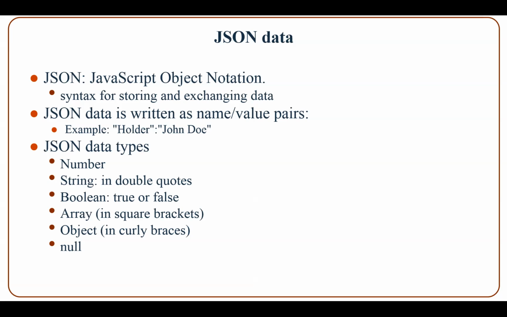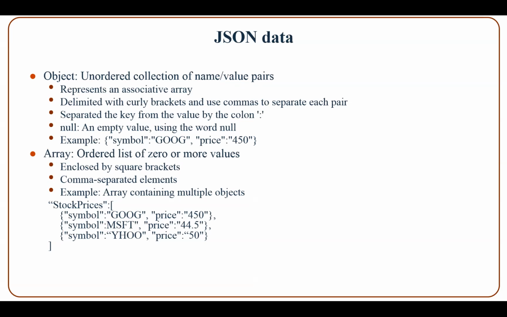JSON data types can be number, string in double quotes, boolean (true or false value), array in square brackets, object in curly braces, and null. An object is an unordered collection of name-value pairs.